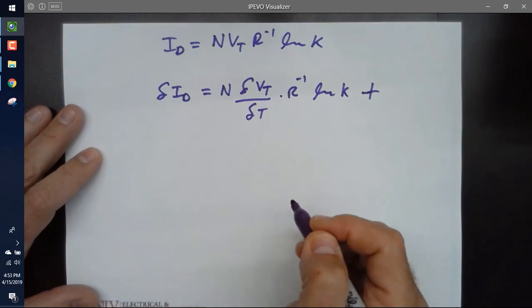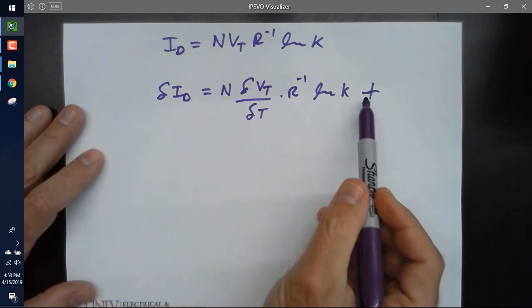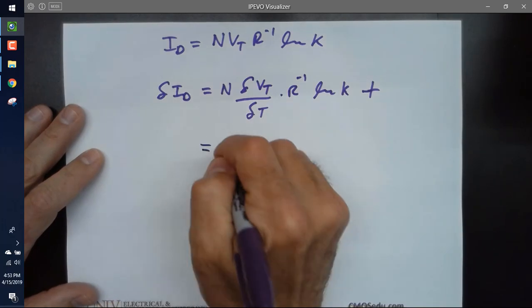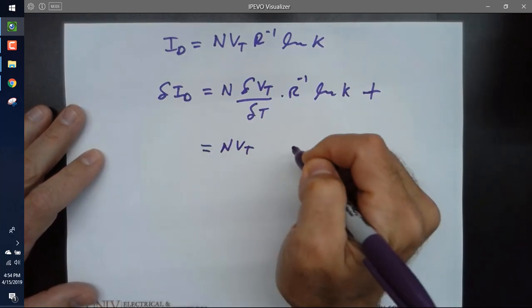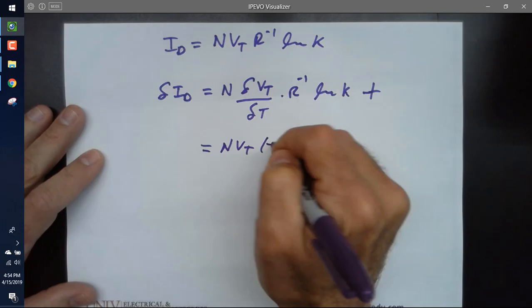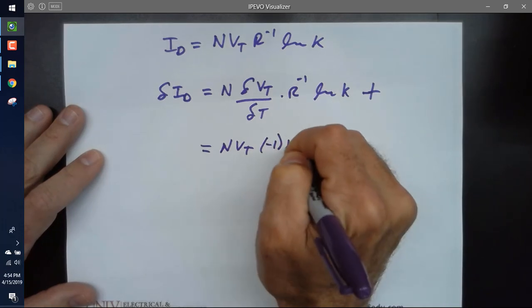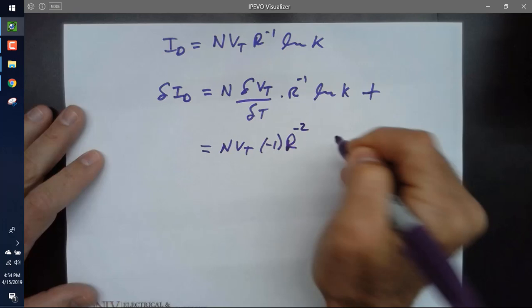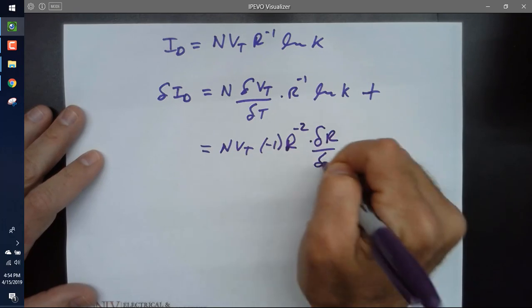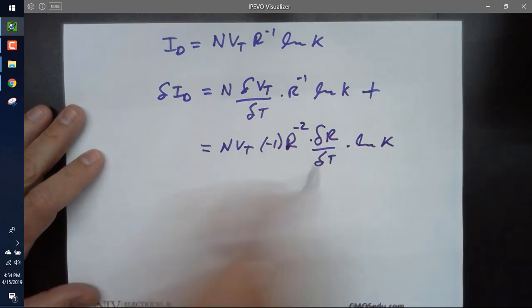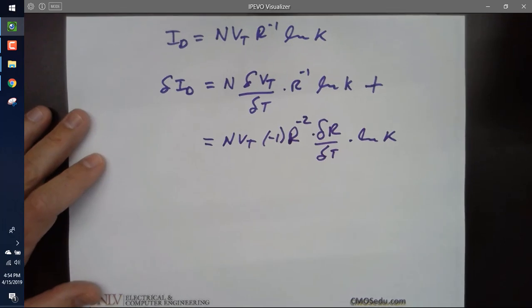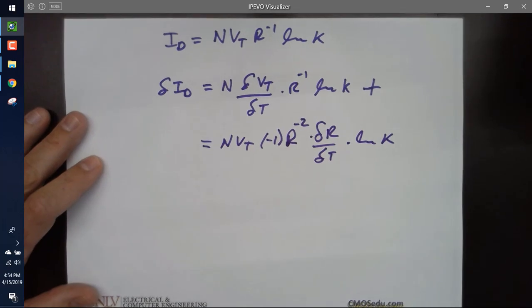All right. And then it will be equal to NVT times minus 1 R to the minus 2 del R del T times natural log of K. Anybody agree with that?